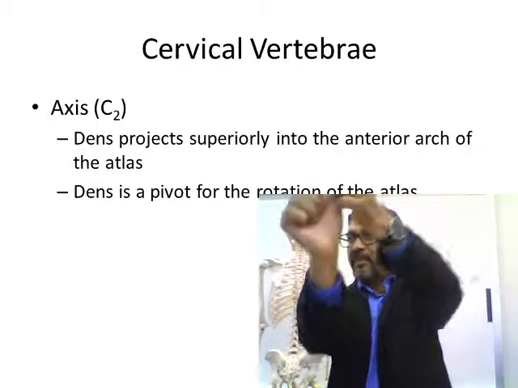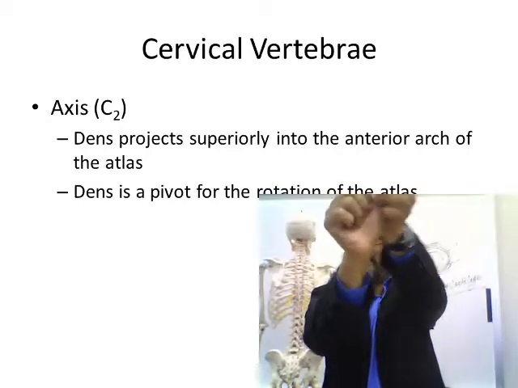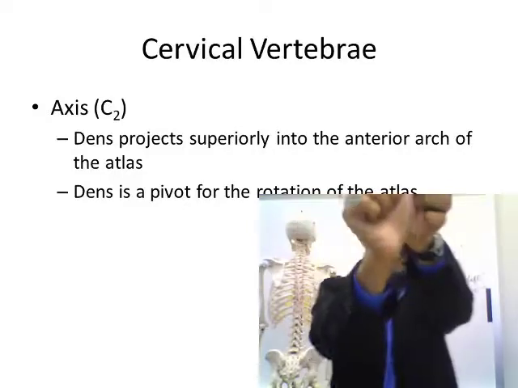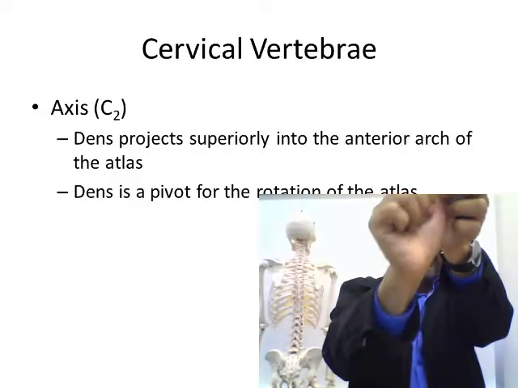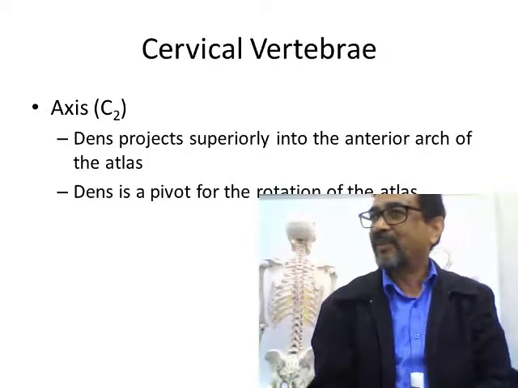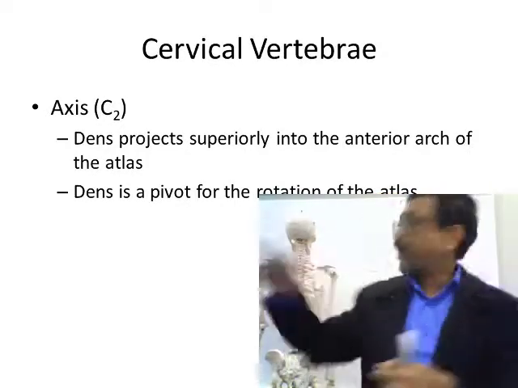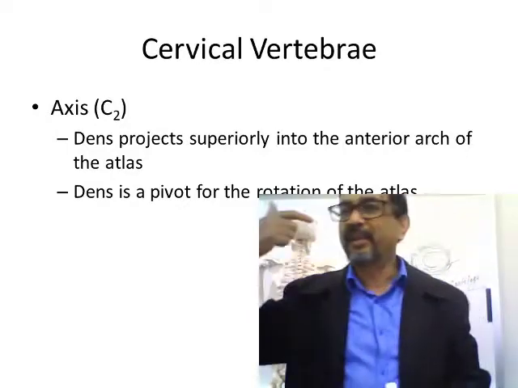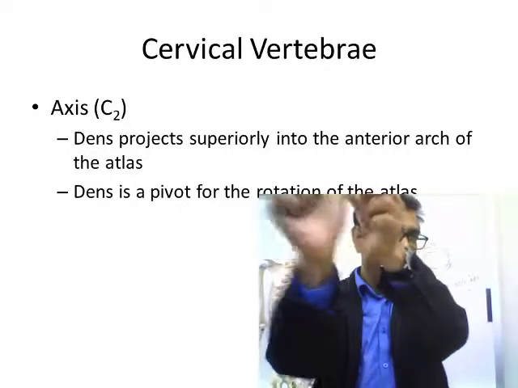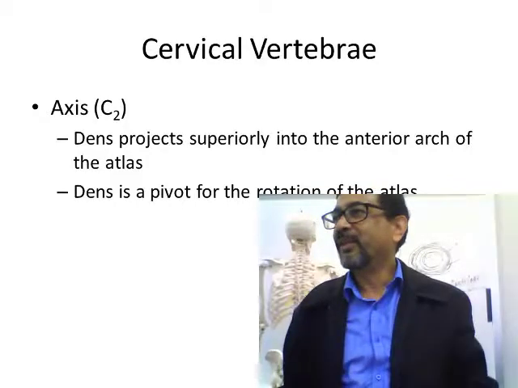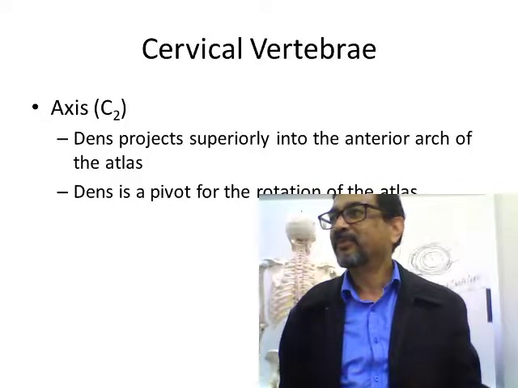Any pressure from here will move it back, and this dens is inside. So it will crush the spinal cord. Make sense? Crush the spinal cord, and that can cause death of a person, because in that part of the spinal cord you have the respiratory and cardiac centers. So if a crush occurs there, it can cause death immediately. Okay? So that's a weak point. Got it?